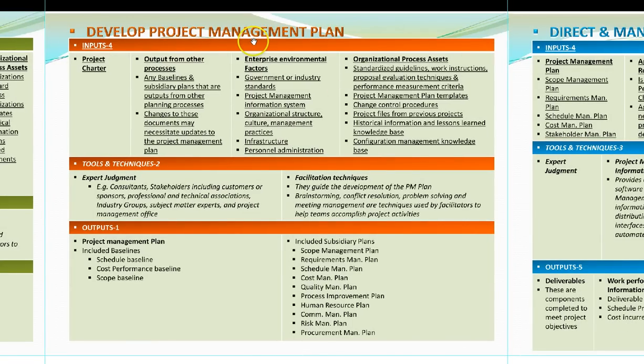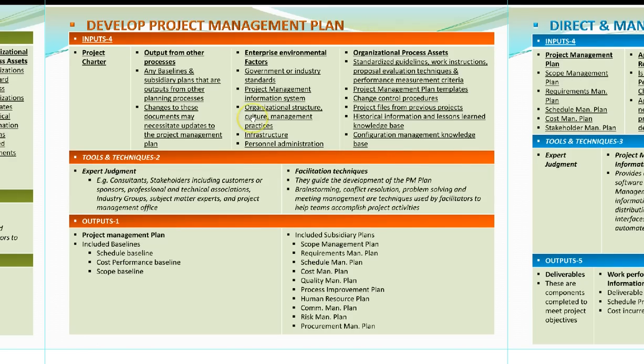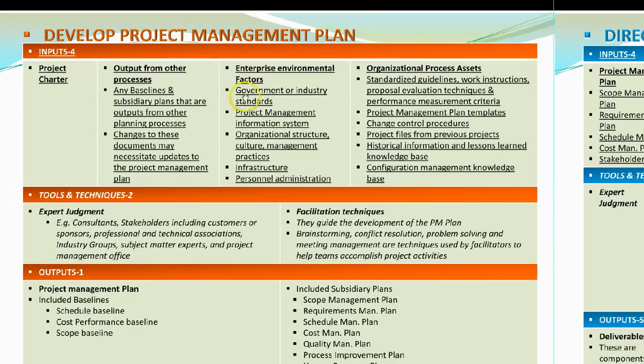What does that mean? That means it is in the planning process group. So this process is the first process of the planning process group, out of the 24 processes that belong to it.